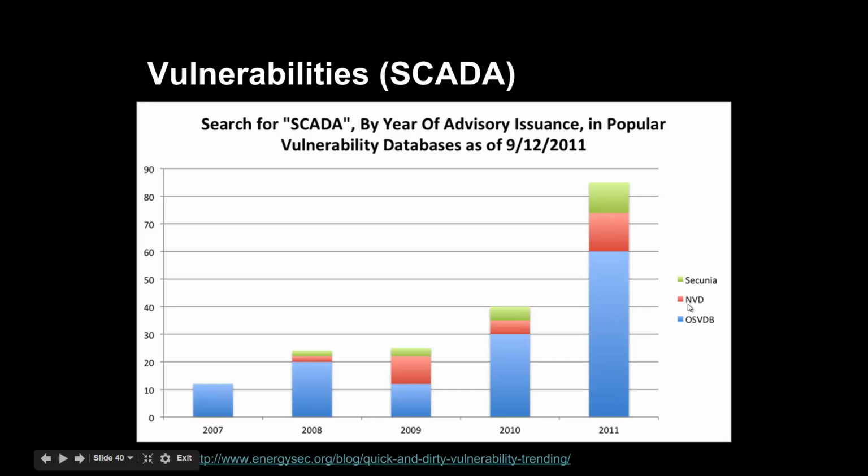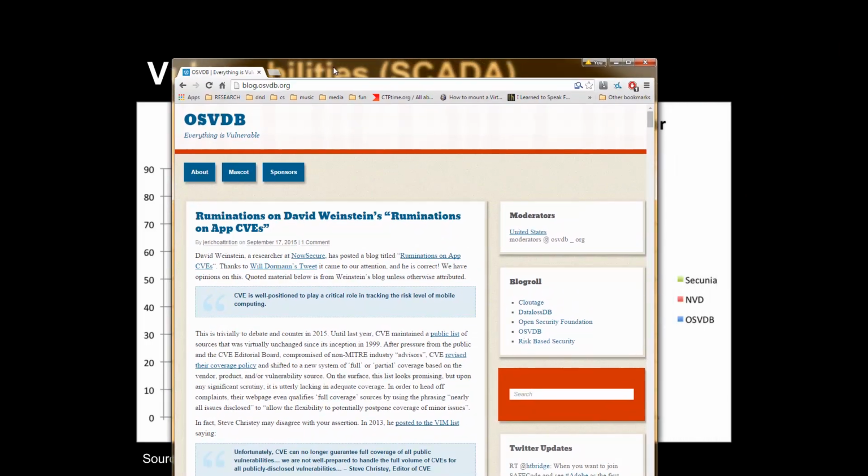The National Vulnerability Database, NVD, is a big one. Secunia is another big one. OSVDB is also a big one. It has a lot more, obviously, especially for SCADA. Actually, the OSVDB, which stands for Open Source Vulnerability Database, is my favorite.